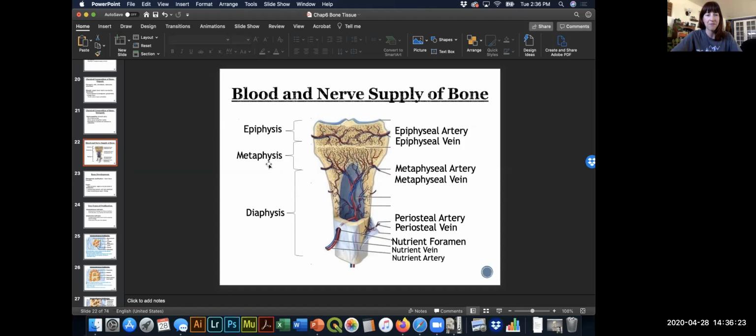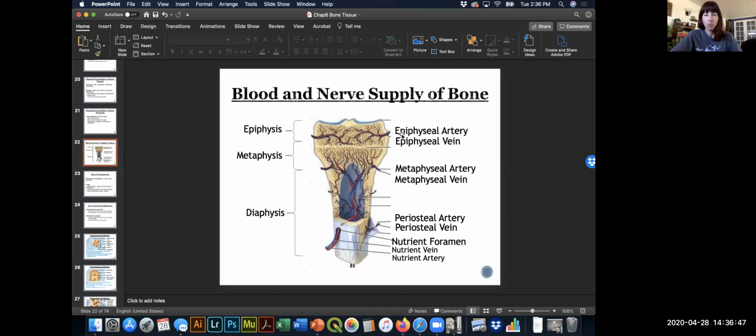And the reason why the metaphysis comes into play is because you have a metaphyseal artery and a metaphyseal vein, which go into the bone here, which is technically part of the metaphysis. So the metaphyseal artery and metaphyseal vein go in basically in between where the epiphyseal artery and epiphyseal vein go in, and where the nutrient artery and the nutrient vein go in.